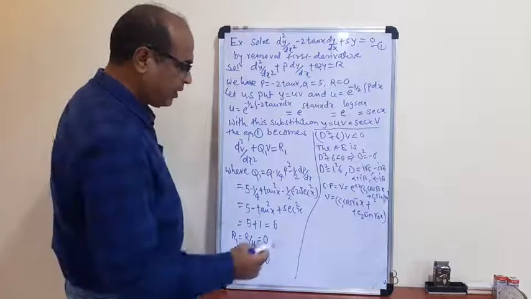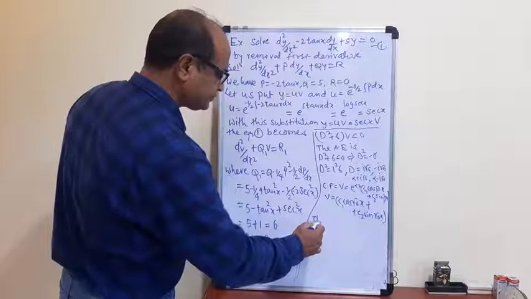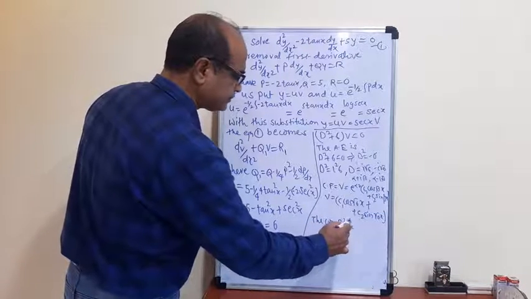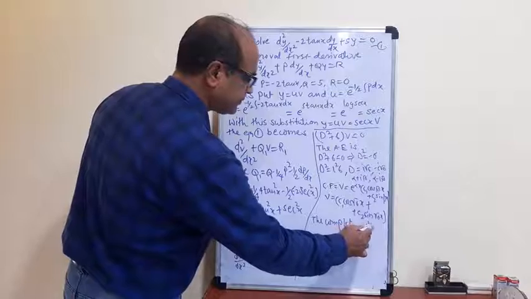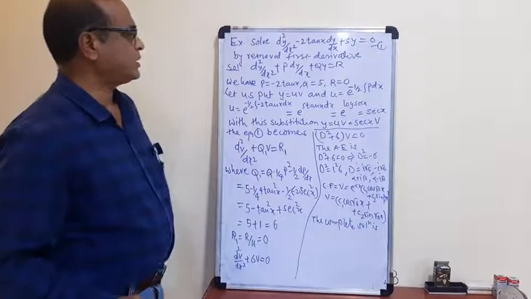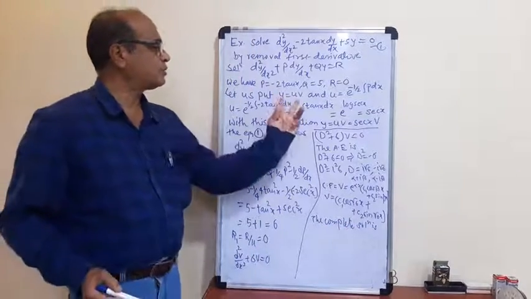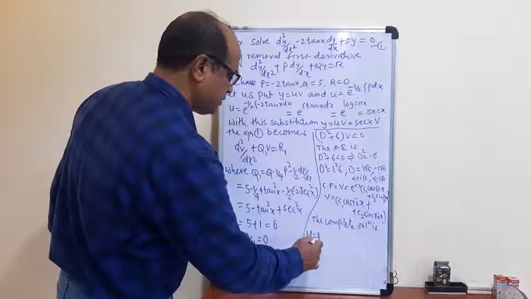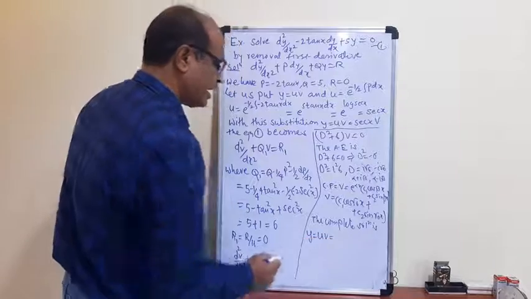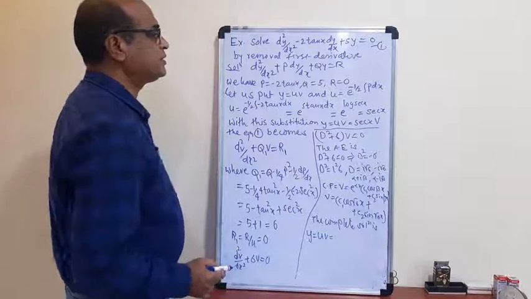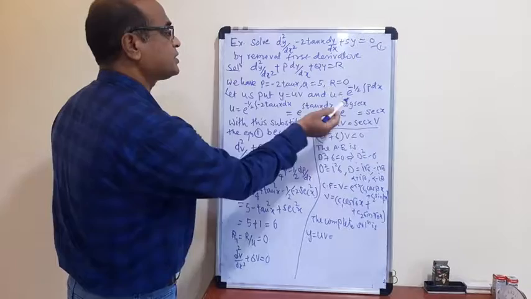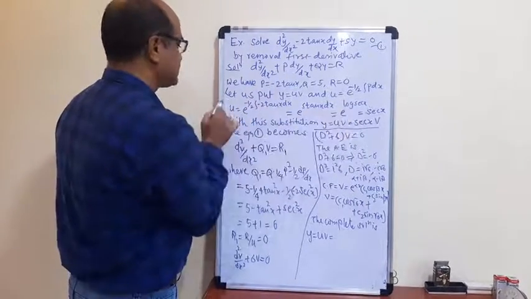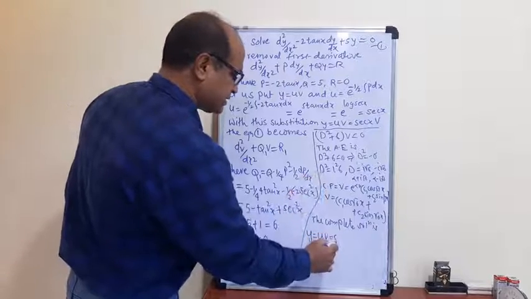Okay, so therefore, what is the complete solution? The complete solution is y is equal to uv. So what is u? u is equal to sec x.